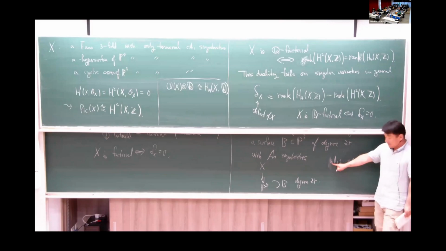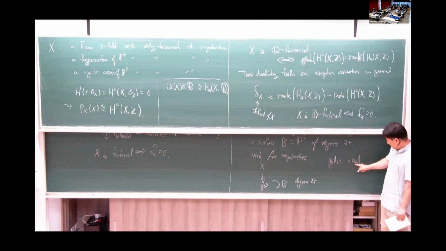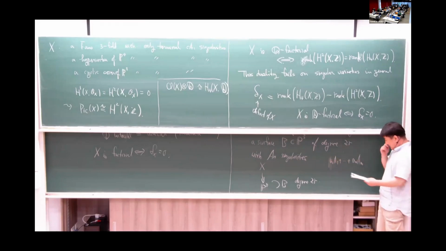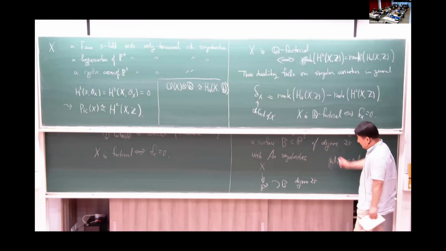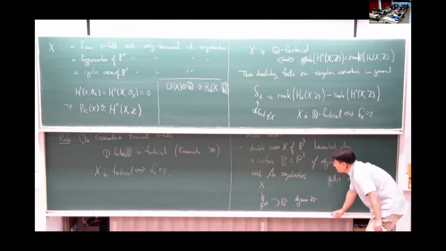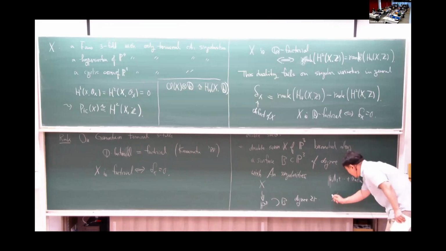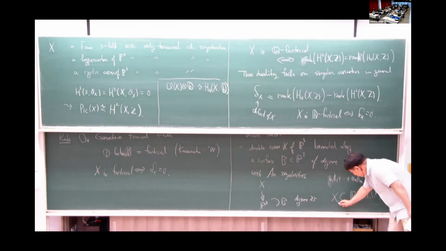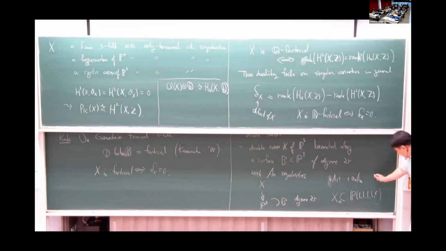This is the number of A1 singularities, and this is the number of A_m singularities on surface B. And this double solid can be considered as a weighted hypersurface in P(1,1,1,1,r), of degree 2r, weighted. I will denote this weighted projective space simply by P.